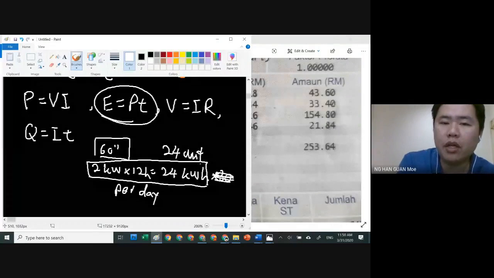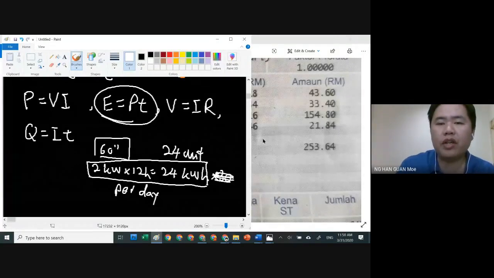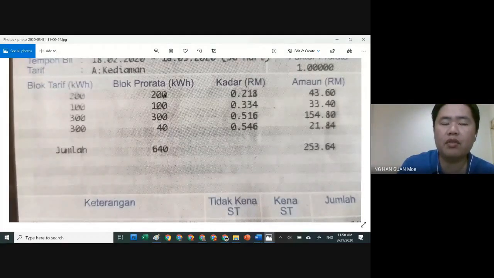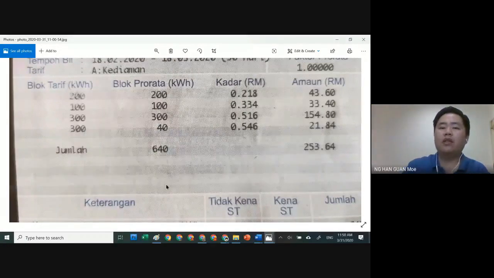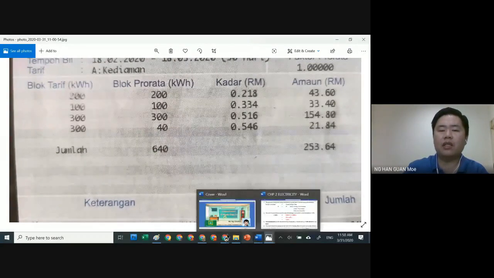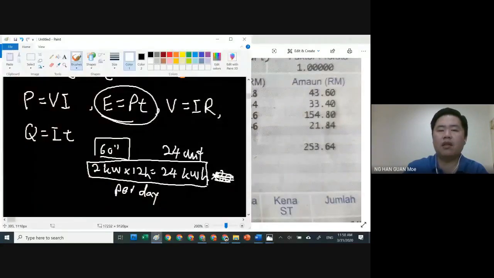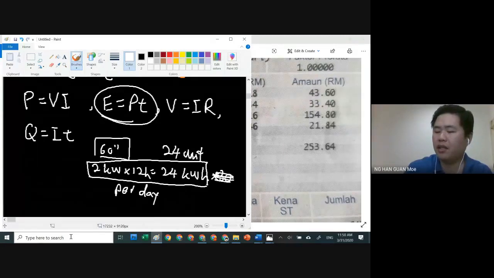So when you apply it into the electrical bill, it will take the first 24 units. So imagine this 24 units when you apply it into the 30th day, right? So 24 multiply 30. How much do you get? Let me see, I use my handphone calculator, faster.